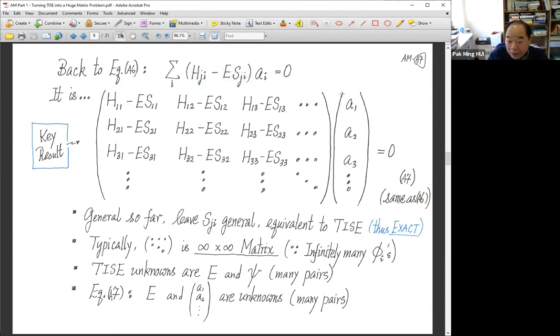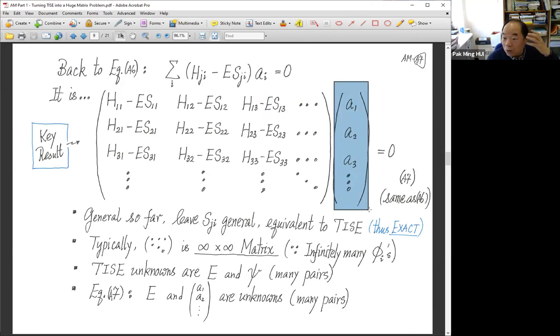What are the unknowns? We want to solve this column. And more than that, we want to solve these values for E. Okay? Again, remember, at the very beginning, we know that it's not only one set, one column of A_I that we are going to solve.